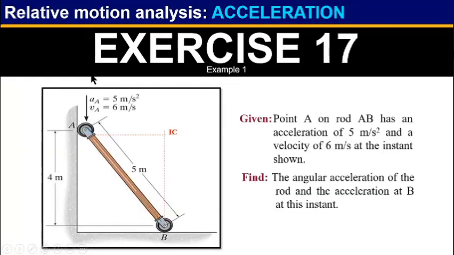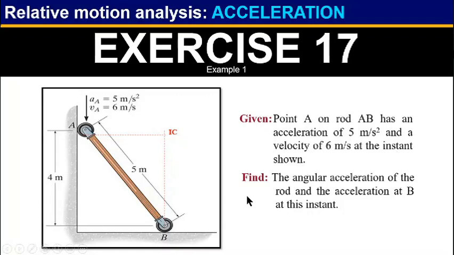Alright, so now for the first example, exercise 17, I obtained this question somewhere. I don't remember, but it's not from Hibbeler. So, given point A on rod AB has an acceleration of 5 meters per second squared and a velocity of 6 meters per second at the instant shown.